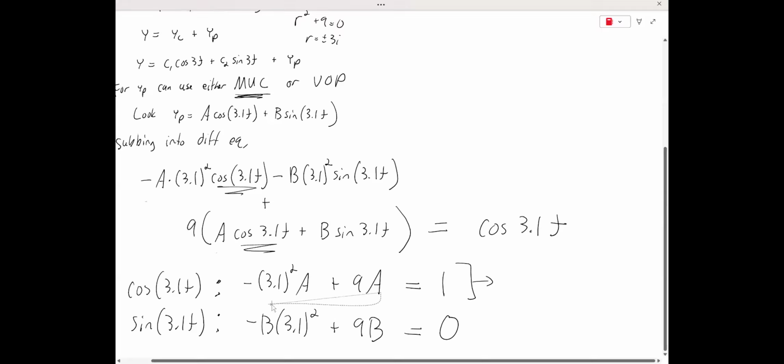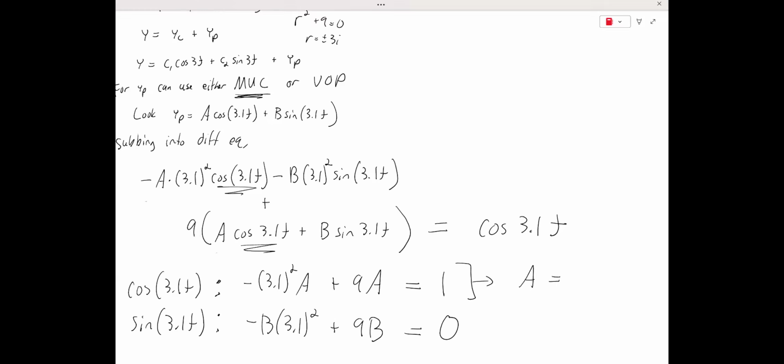Then it looks like this: a equals 1 over 9 minus 3.1 squared. That'd be the a here. Again, you could crunch these out, but I want to show you something about this. I'm not crunching them out for a reason, and I'll show you in Desmos in a minute.